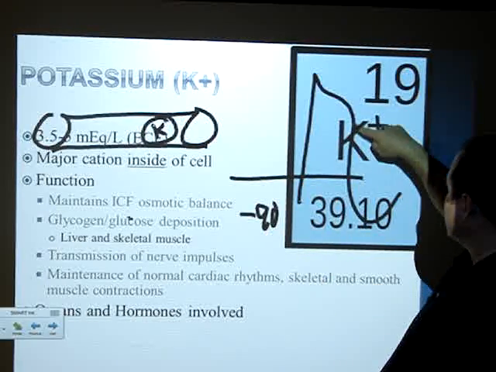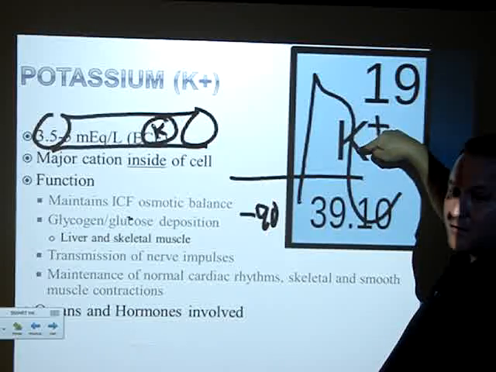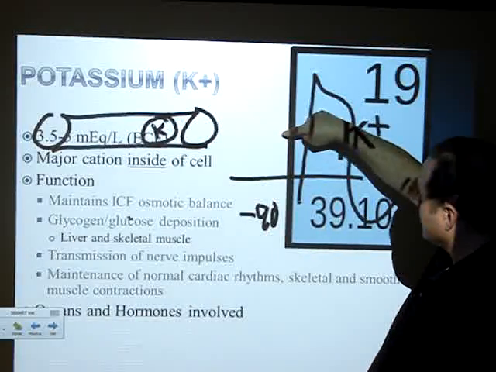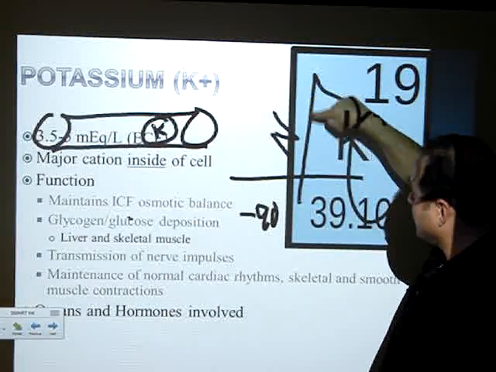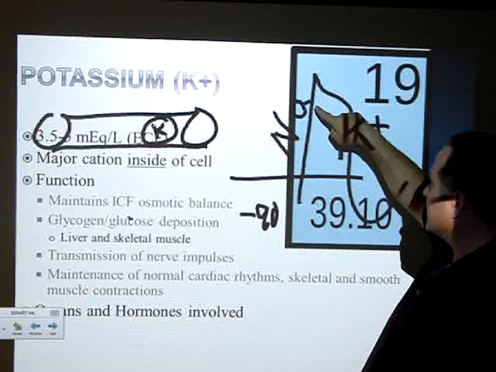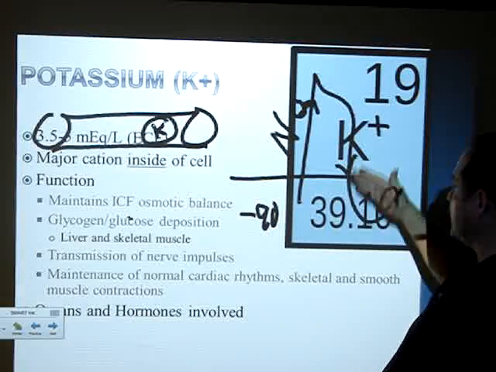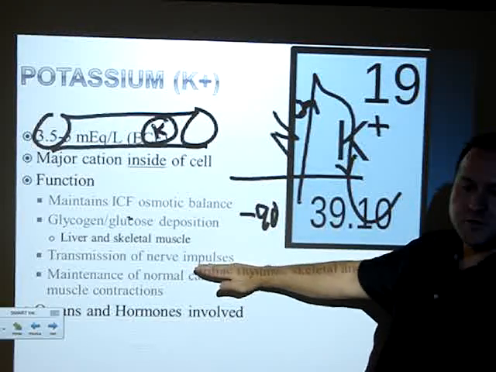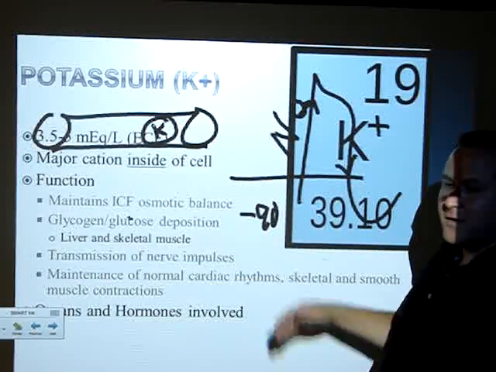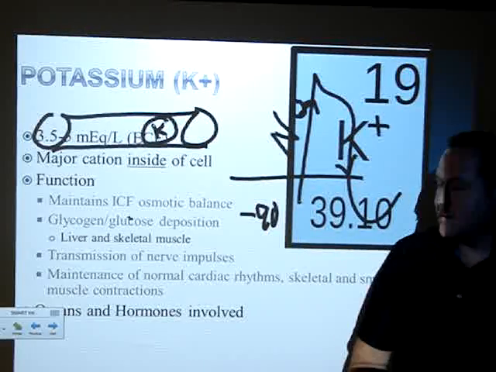Well, that part over here is the potassium, where the sodium was the part over here, right? So the sodium is going up, potassium is coming down on the other end of it, so it still has to do with transmission of nerve impulses, just on the other side of it, okay?